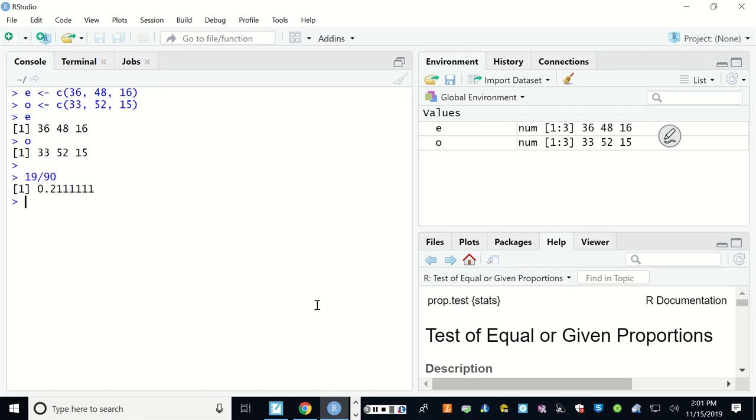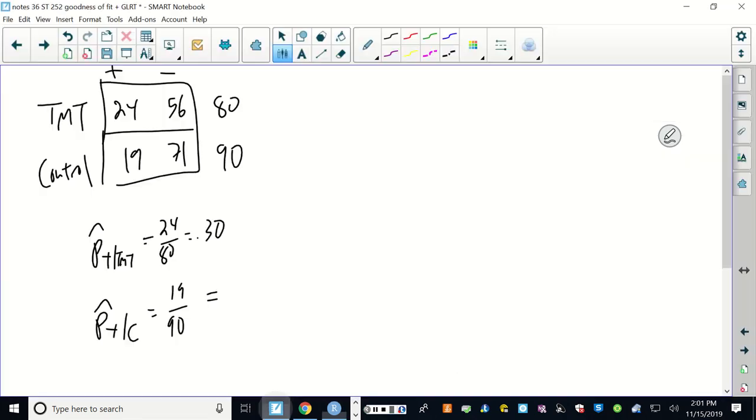It's 0.21. So there's a 9% difference there, but these are kind of small sample sizes. So you might do a two-sample test of proportions, but you could also use chi-square tests. The null hypothesis that the two proportions of getting better are the same is equivalent to saying that these two things are independent.